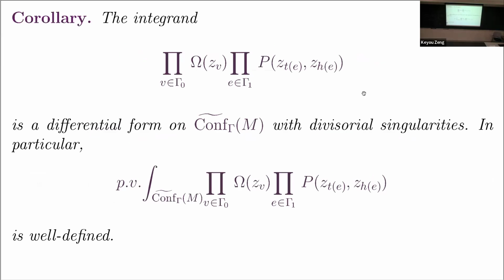So from our theorem, it's quite natural to give this corollary. The integrand of our Feynman graph integral is a differential form with divisor singularities. So in particular, the Cauchy principal value is well defined.